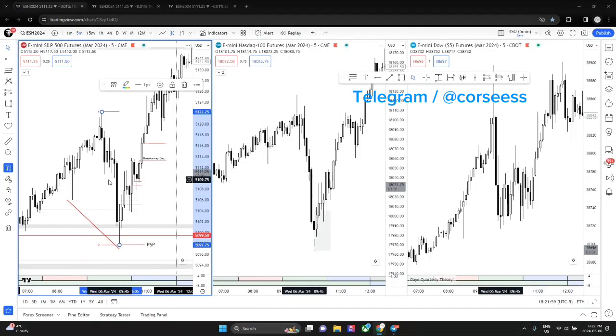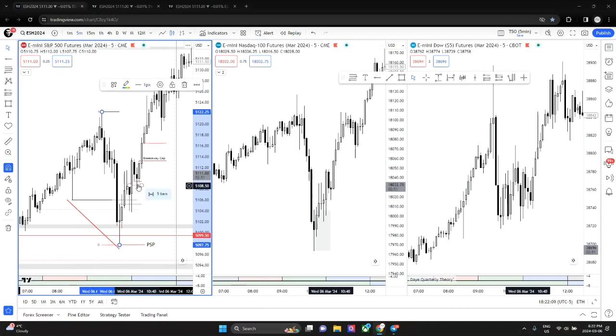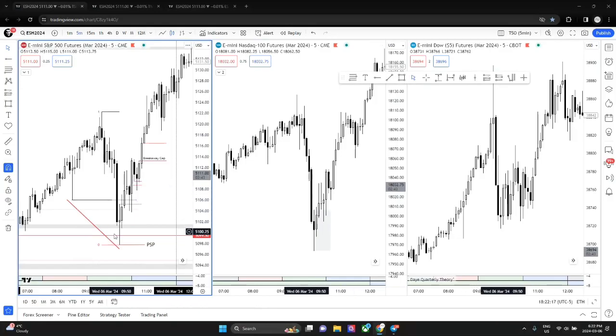So basically, here is equilibrium, where you see the mouse right now. You want to be buying below equilibrium. So you're buying below equilibrium, and below equilibrium is where you will be looking for these cracks in correlation.